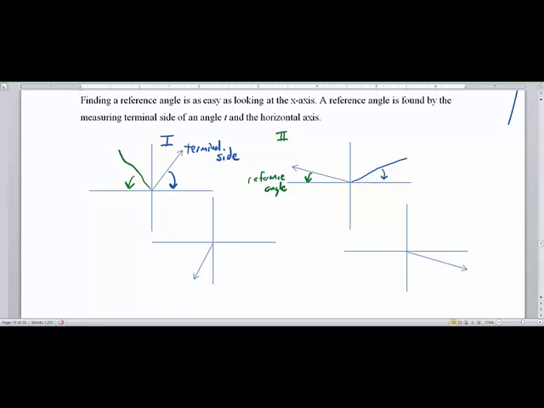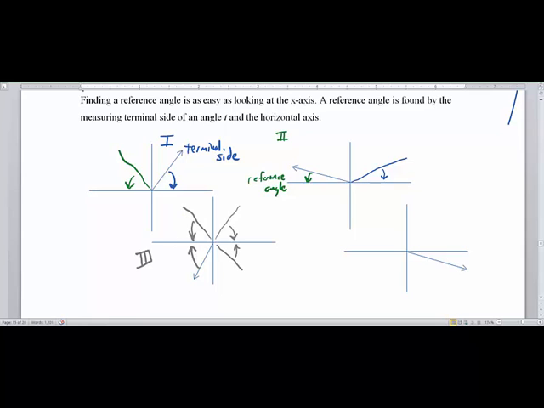Now, where would we go for the next problem? So here we are with a terminal side in the 3rd quadrant, and we would again go straight to the x-axis. We're going straight to the x-axis, and this would be obviously comparable to this right here and this right here if we needed to. So these 4 that I just drew are all comparable to this one that's drawn from here straight to the x-axis.